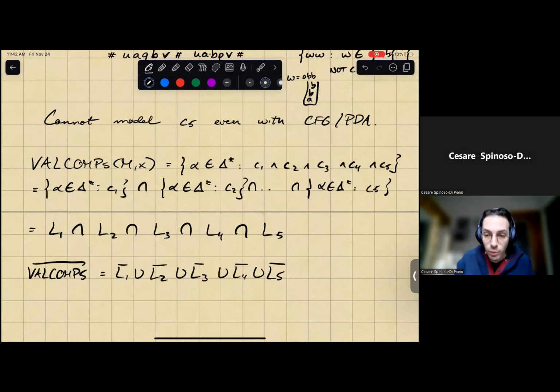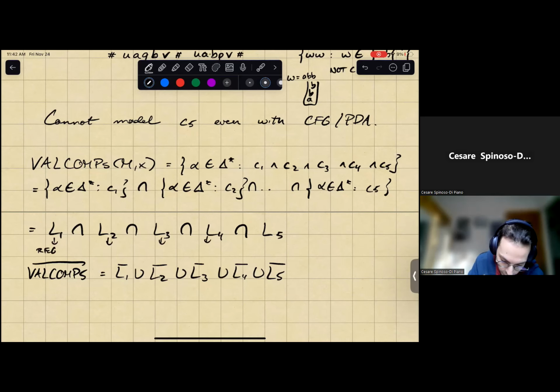The reason I was talking about how condition C3 can be modeled with a regular expression is that it tells me these four languages are all regular, and this language, L5, is not even context-free. We can use closure properties for the regular part. If a language is regular, then its complement is also regular.